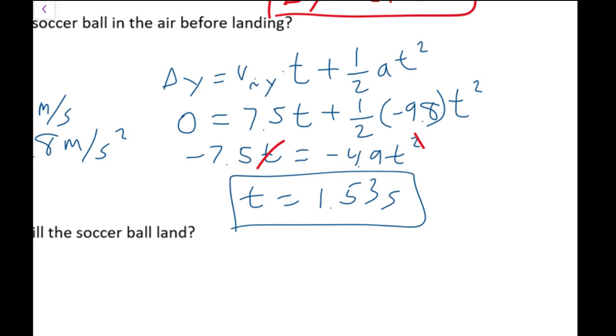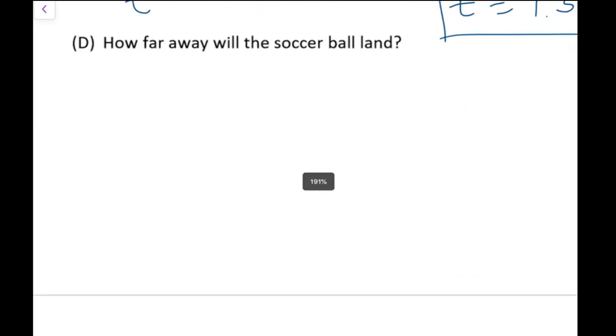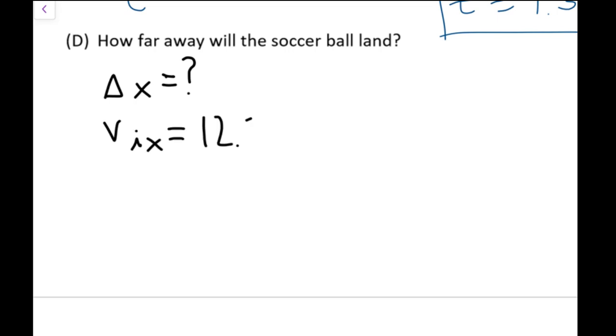And then finally, how far away will the soccer ball land? So now we're finally looking for the delta x. Here we need to go back and look at VIX. Remember that we found VIX in part A to be 12.99. That's important because that's how far it's moving. It's moving 12.99 meters every second.